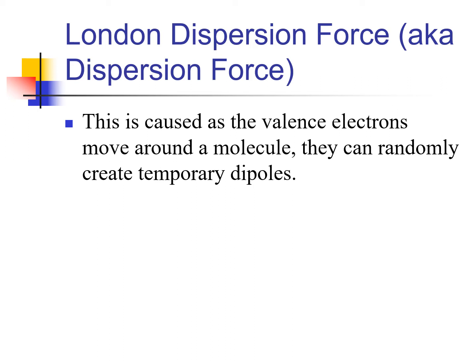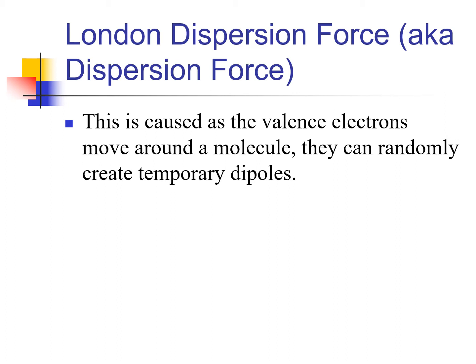occasionally a temporary dipole exists. In other words, occasionally you're going to end up with more electrons near one end of the molecule and less electrons somewhere else. Wherever temporarily there's more electrons than normal, that part becomes slightly negative, sorry, more electrons, negative.